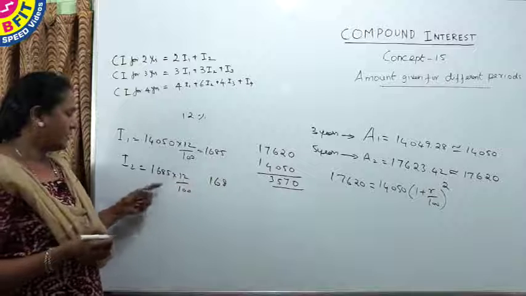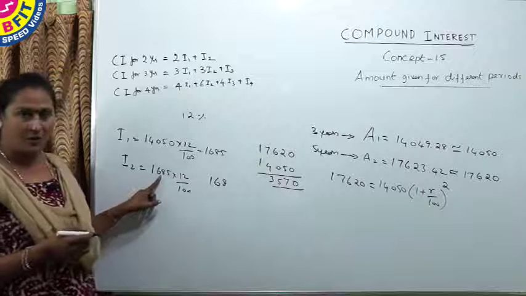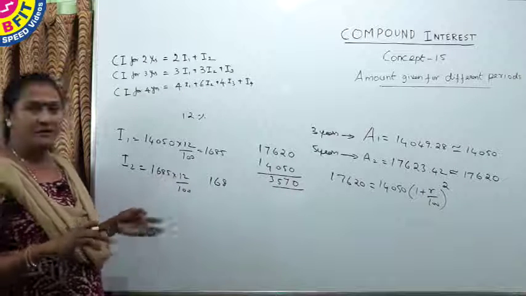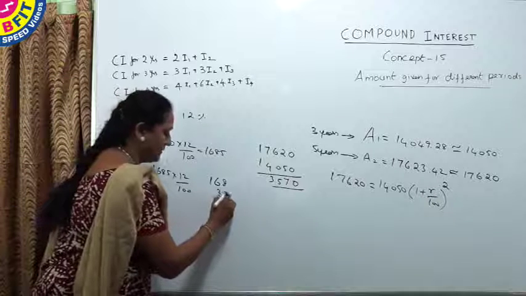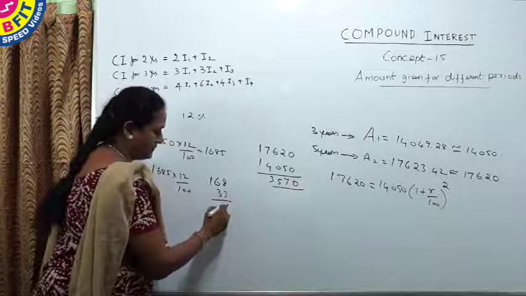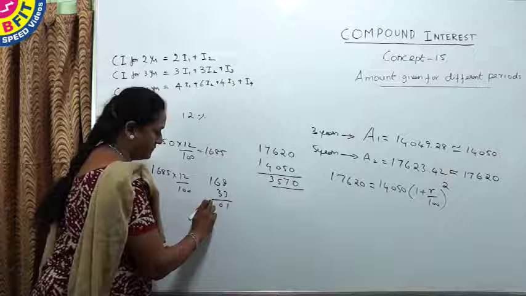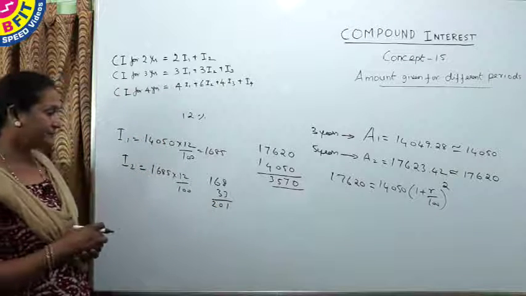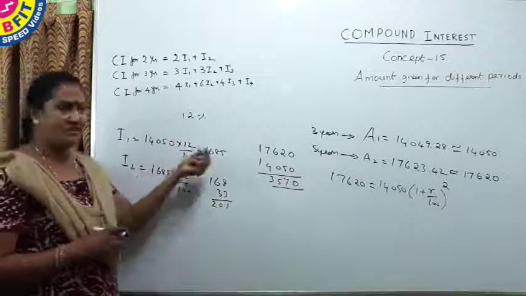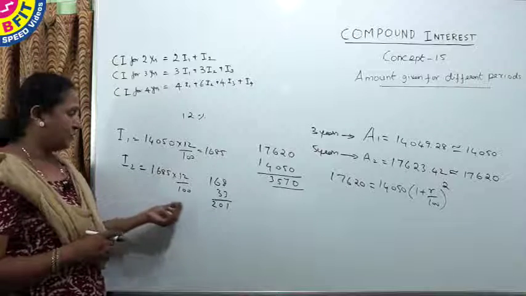For 2%, we see 1% is 16.8, so 2% will be 33.6, which we'll take as 33. So now I1 is 1685 and I2 is 201.